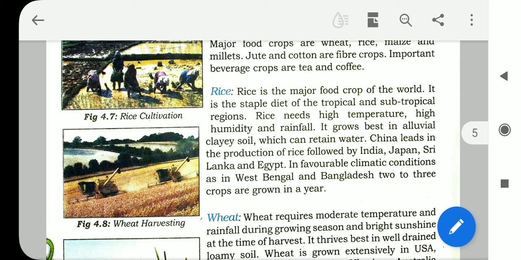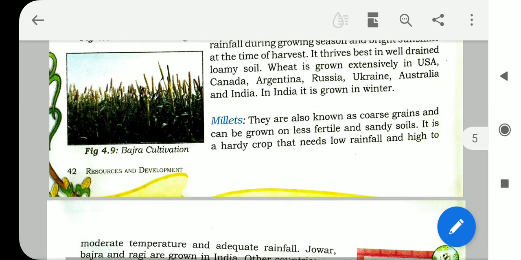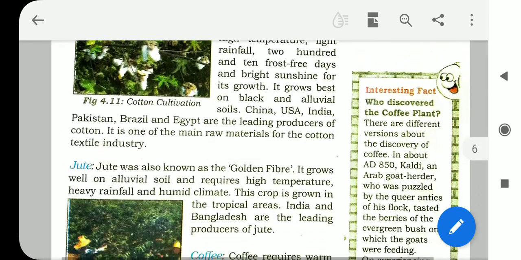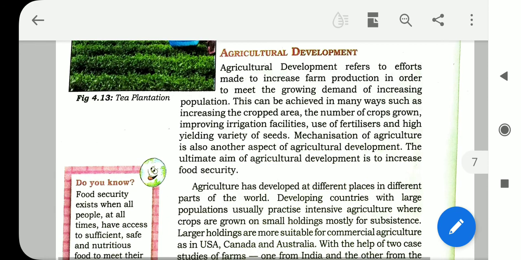After that, wheat and the others: you should note down the climatic conditions, the temperature, and the types of soil yourself. I am not going to explain these. After that, agricultural development.